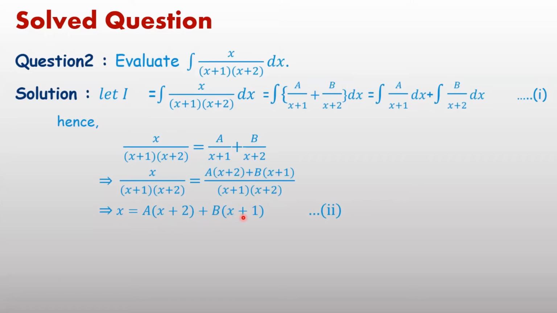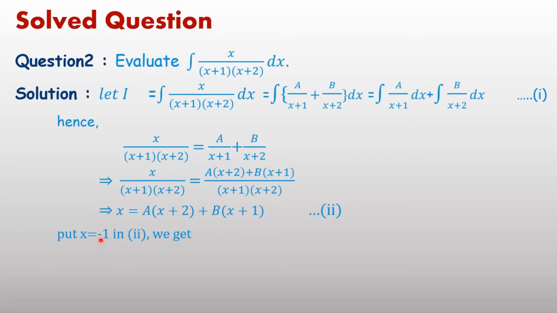If we put x equal to minus 1, then the second term will be 0, and directly we can find the value of a. Or if we put x equal to minus 2, then the first term cancels out, and directly we can find the value of b. It is an easier method, given in Vedic mathematics, to find the value of a and b for partial fractions.